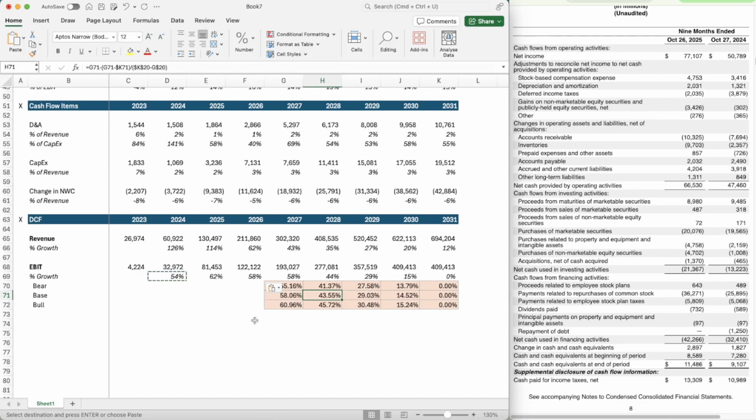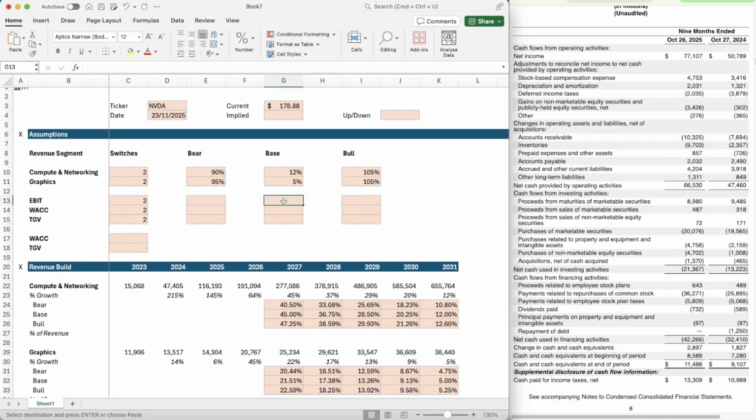We're going to anticipate, I think it's, what should we say? Let's say it's still a 59% EBIT margin. It manages to maintain that.